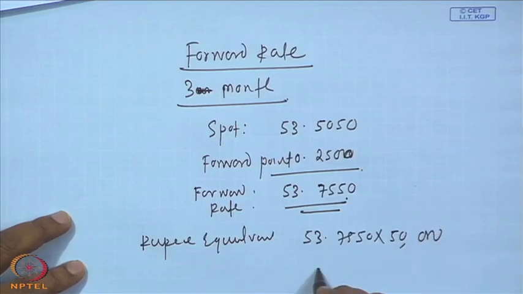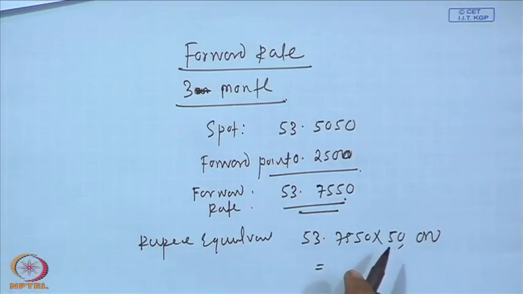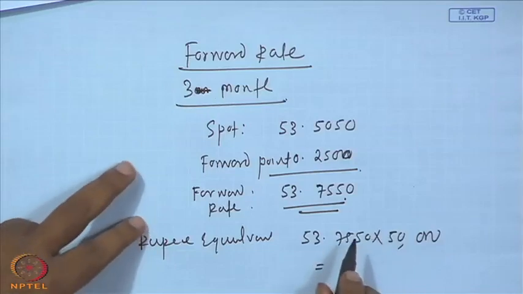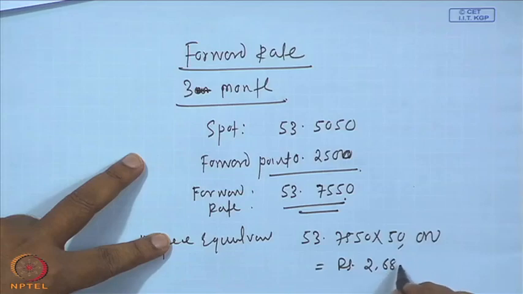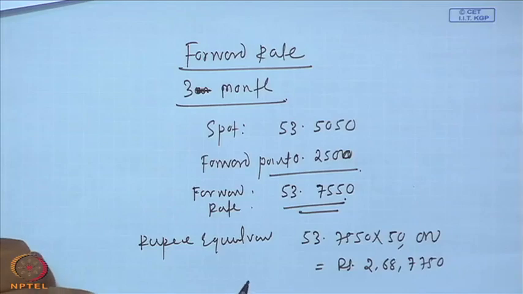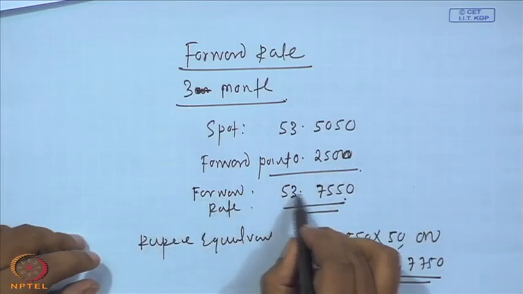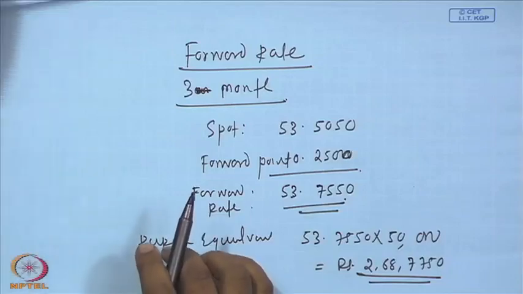You have to calculate the rupee equivalent, which is something around 2 lakh, the rupee amount will be 26,87,750. So, this is the rupee equivalent at the forward rate of 53.7550.